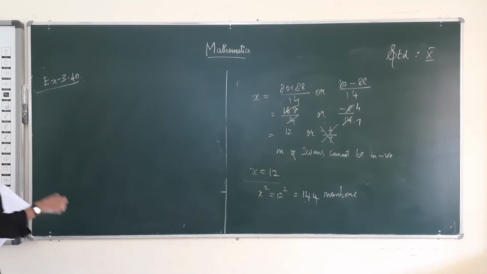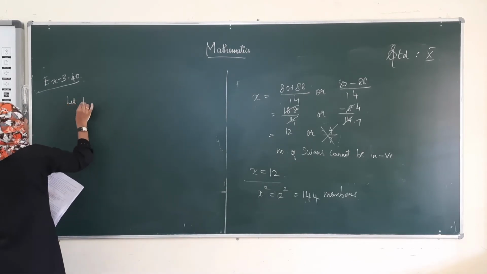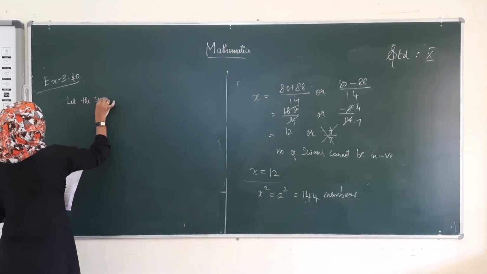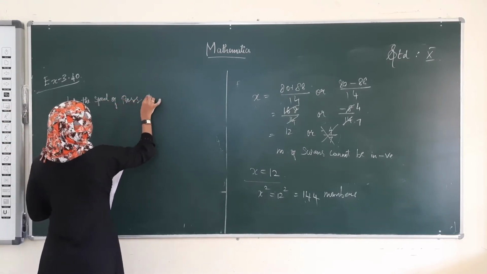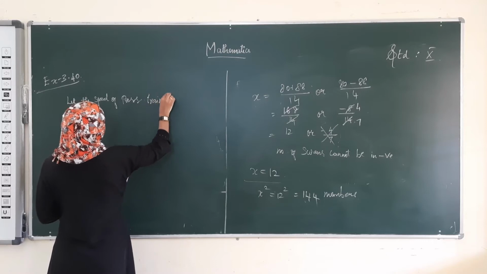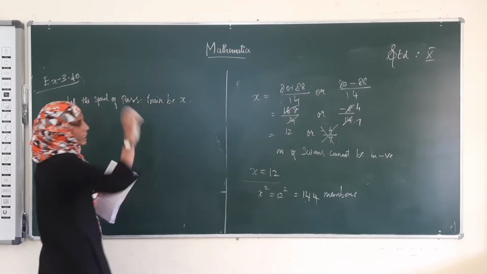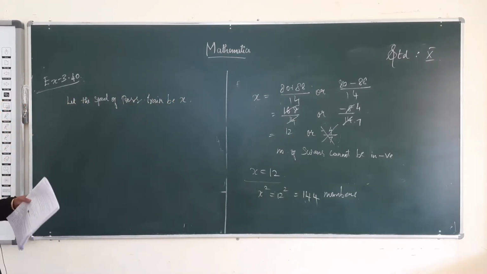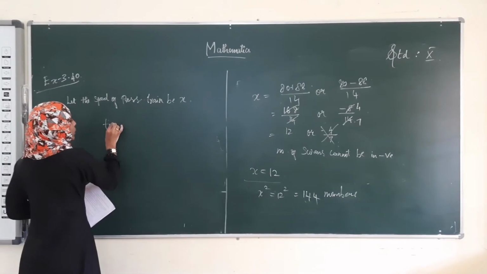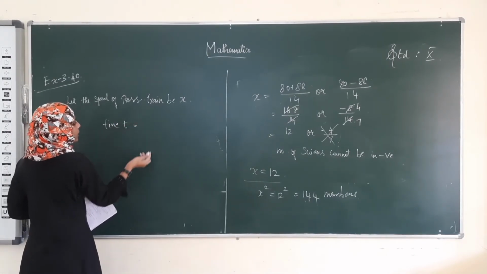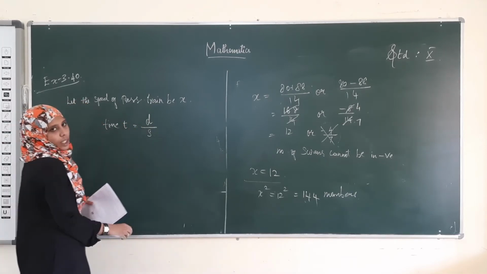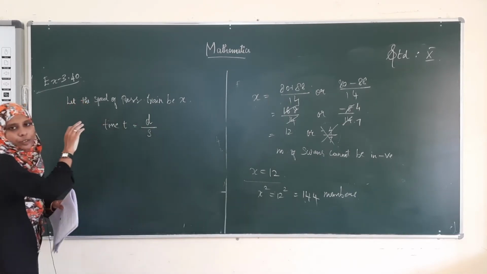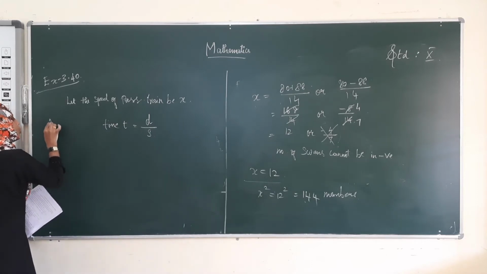We have to find the speed of both the trains. So let the speed of the passenger train be x. We already know time taken is equal to distance travelled divided by speed. The distance travelled by both trains here is 240 km.